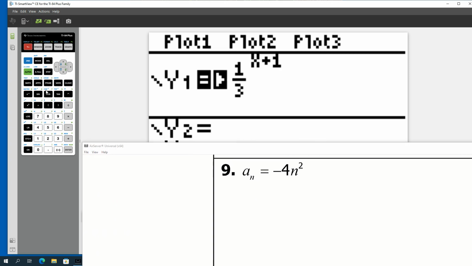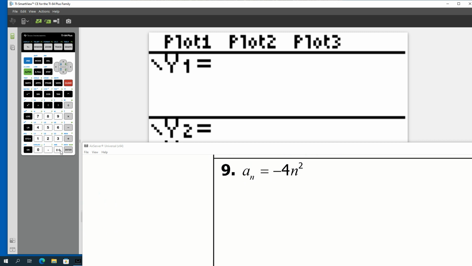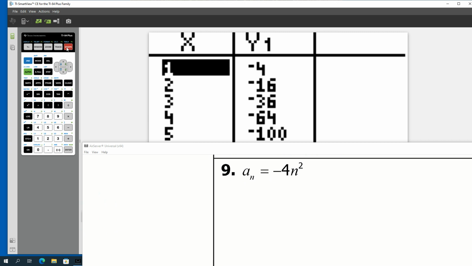So we'll go to y equals, change it to negative 4x squared, and then go to the table. All right. Now our table is where it needs to be because of the way we did the last one, but those y's are the first 5 terms.